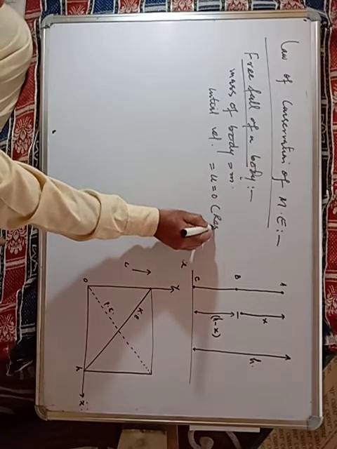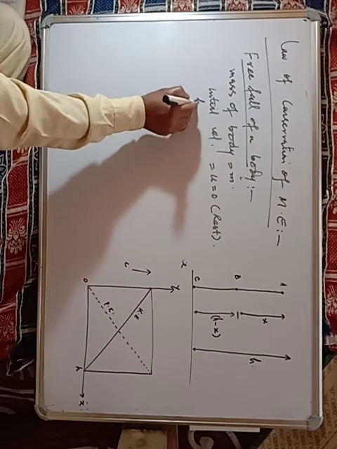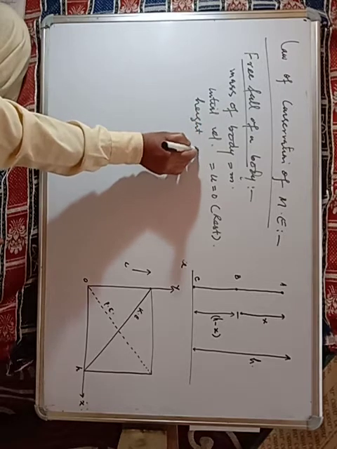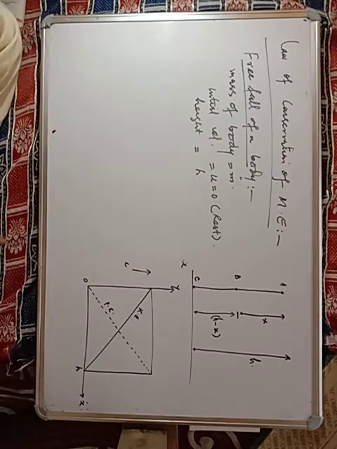That means the body is at rest, right? Where it is at a height equal to h. That means the body is at a height of h meters above the ground, but is at rest. So its initial velocity is equal to 0.